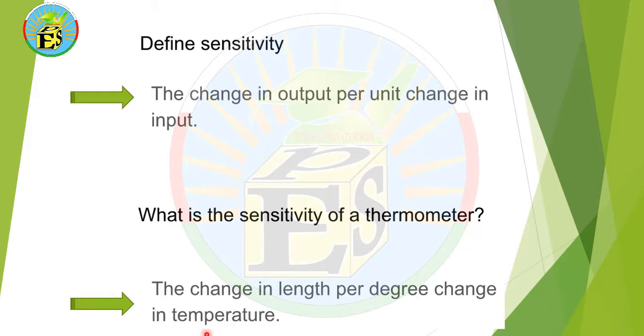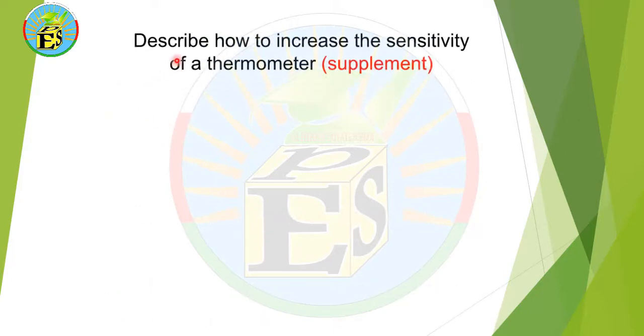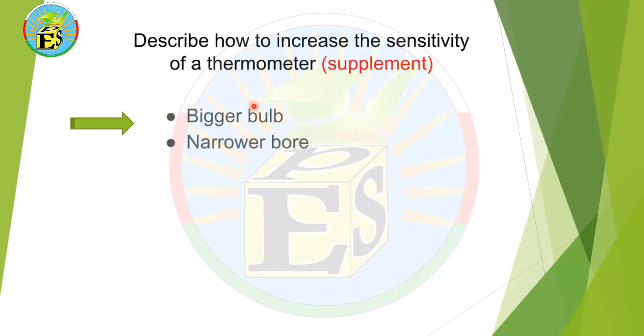It means how much change in length of expansion per degree. Next question. Describe how to increase the sensitivity of a thermometer. To make a thermometer more sensitive, we must use a bigger bulb and a narrower bore.